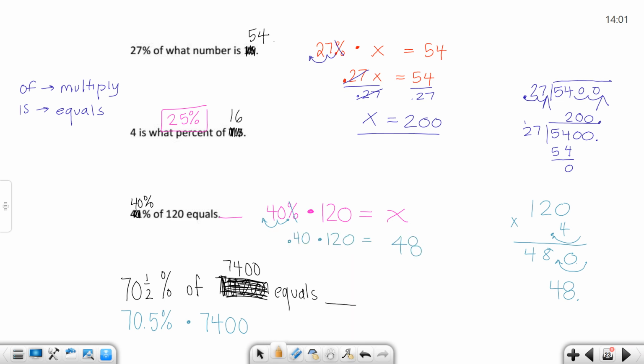Well, remember, to make it a decimal, we're going to drop this percent sign and move it 2 places to the left. So we're going to get 0.705 times 7,400. Okay, so we have 7,400 times 0.705. So we'll multiply it out rather.